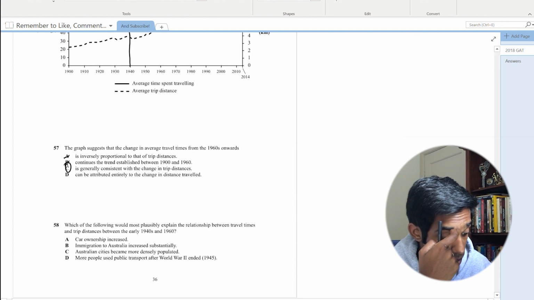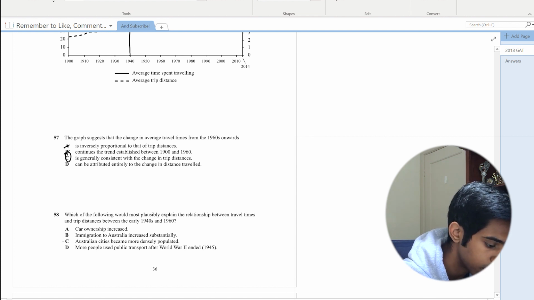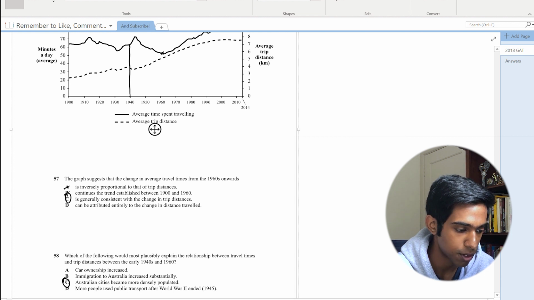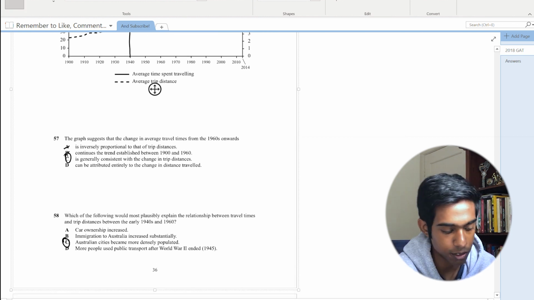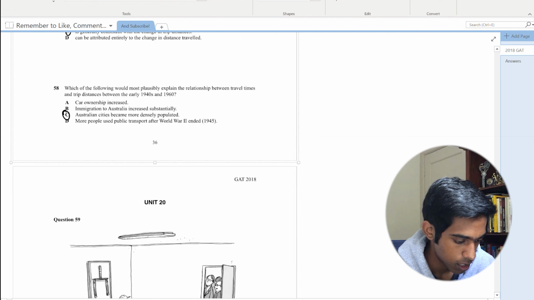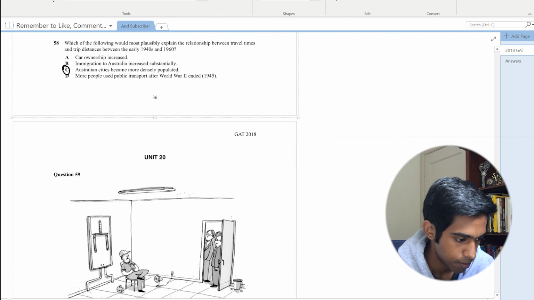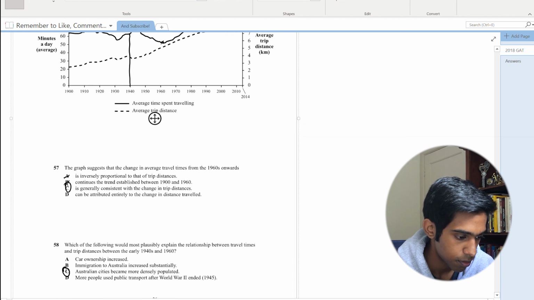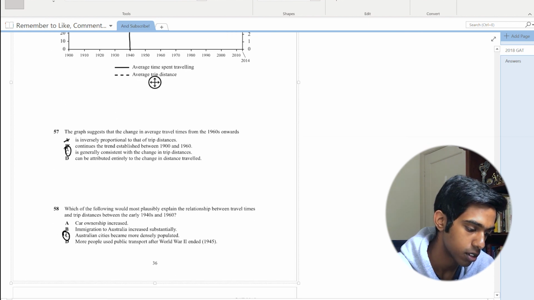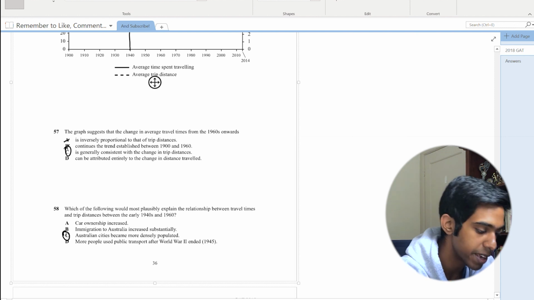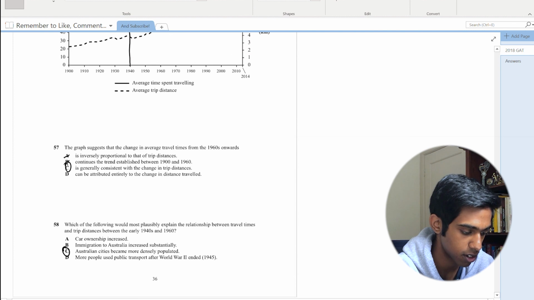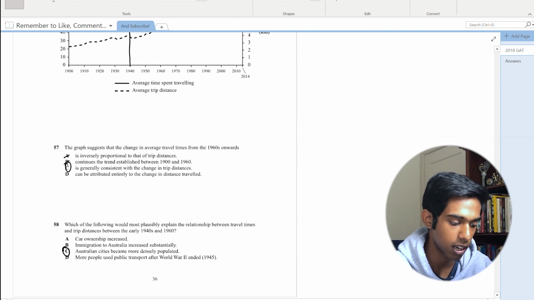So I think that would make sense that Australian cities become more densely populated because the time went up, but the traffic increased, so the distance went down. Or I'm not too sure about this one actually. It could be A as well, but I'm gonna go with my gut and say C, just because I'm not too sure about A. Because car ownership doesn't necessarily mean that people would spend more time traveling.